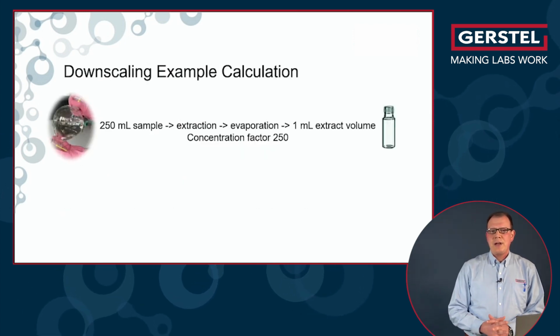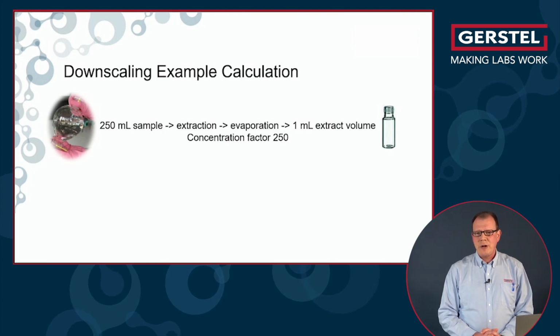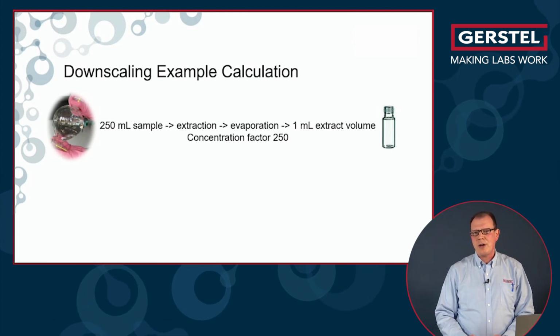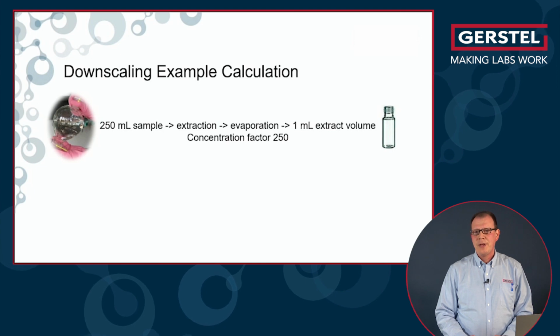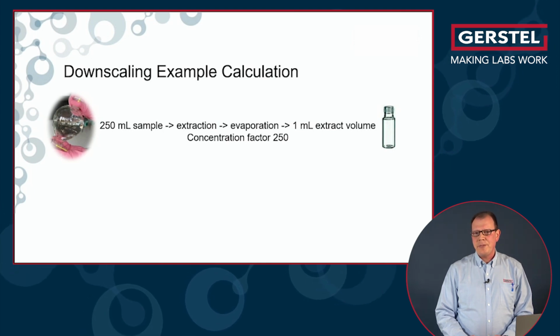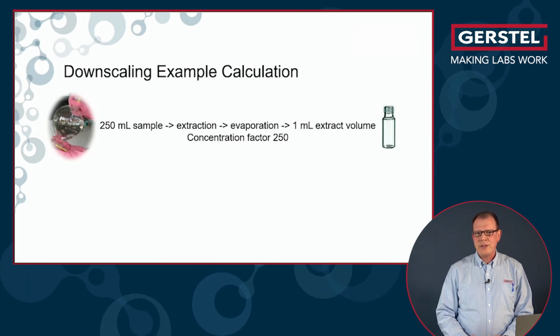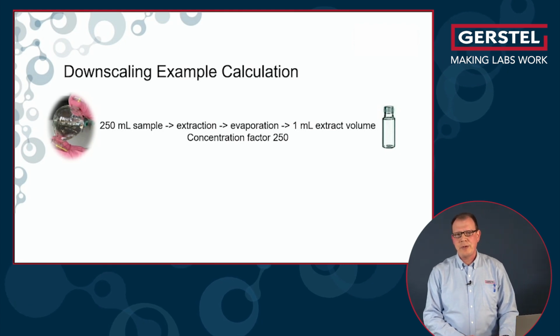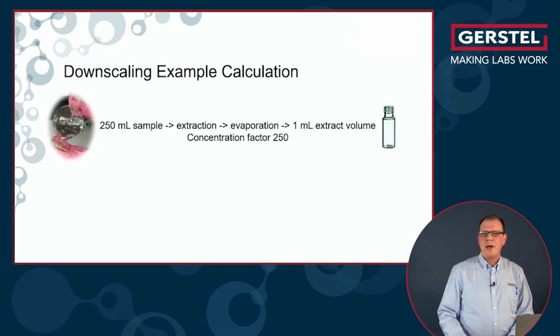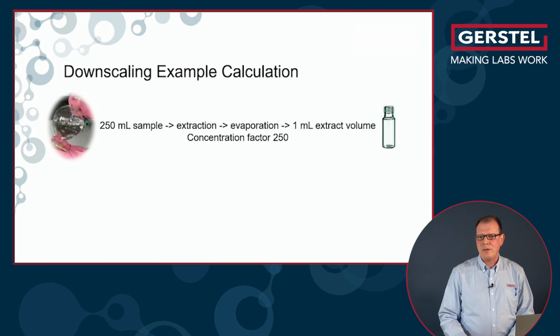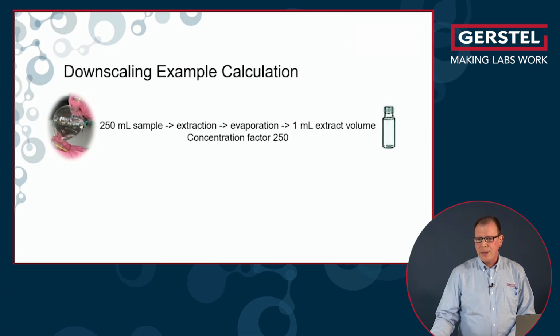So let's consider one workflow. We take 250 milliliters of water sample, for example. We extract it with a solvent, and then we take the extract and evaporate it to dryness and reconstitute in 1 milliliter of extract volume finally. Then we have an enrichment factor of 250.